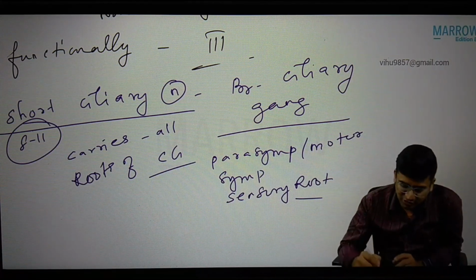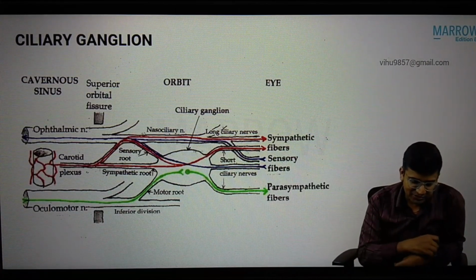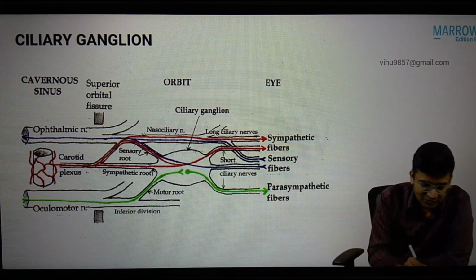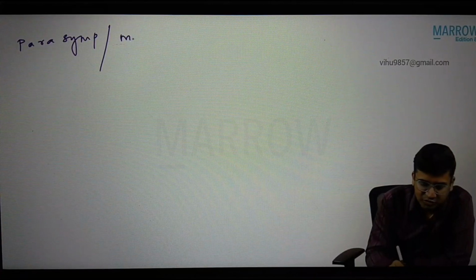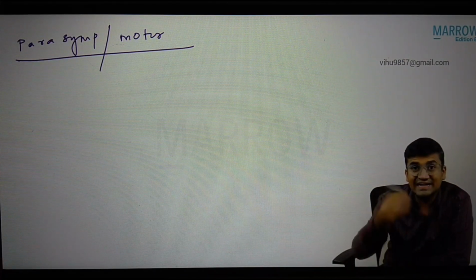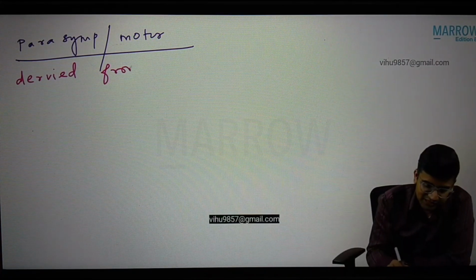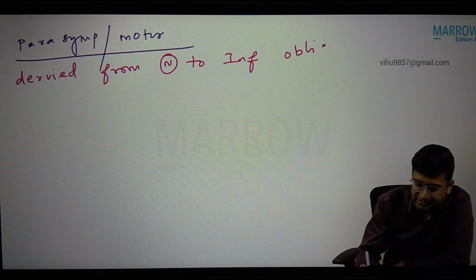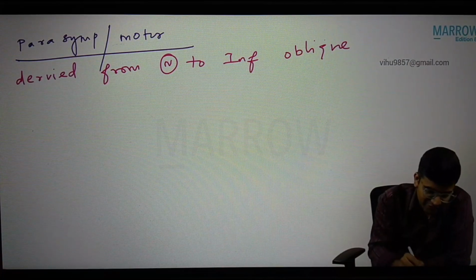Clear? So now we're going to discuss these 3 roots. First, the parasympathetic root, also known as the motor root. It is derived from the nerve to inferior oblique. Now we're going to trace the pathway from the Edinger-Westphal nucleus.